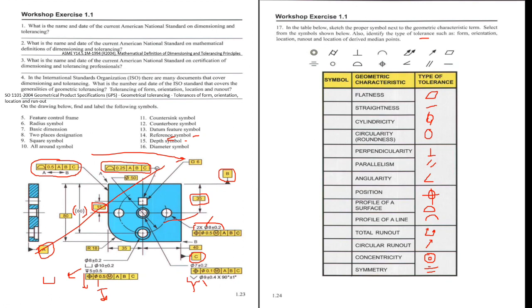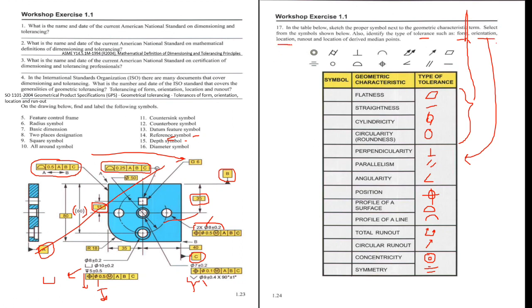Then what type of tolerance are these? These four are the form type of tolerance. And these three, angularity, perpendicularity, and parallelism, are orientation.